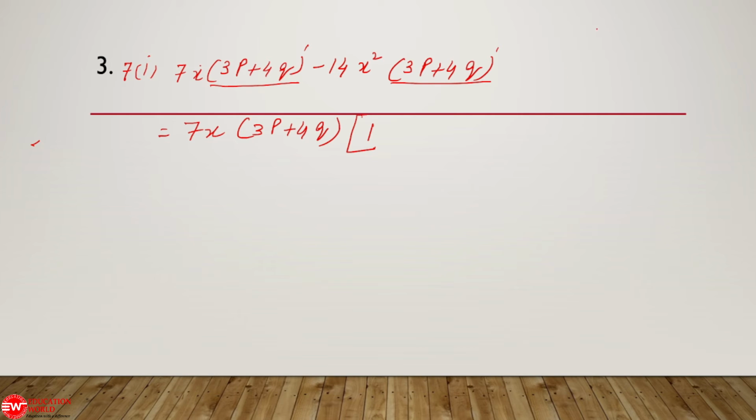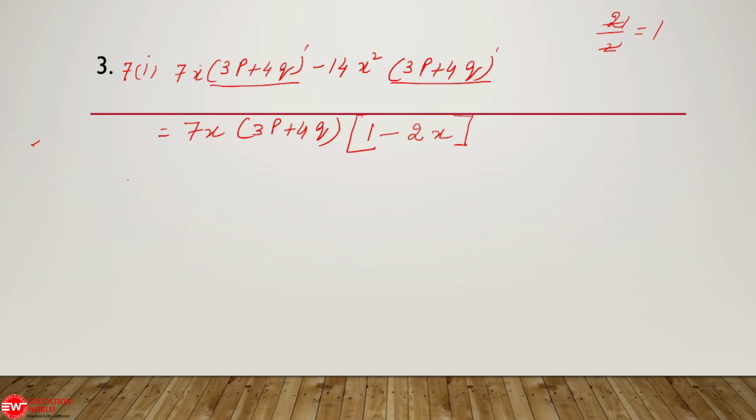The reason: when you are dividing 2 by 2, what you get is 1, not 0. That is the reason, because this full bracket you have taken, 1 is left. Wherever nothing is there, in multiplication it is 1. Then minus, 14, 7 you have taken, so 2 is left. 1x, so this will be your answer.